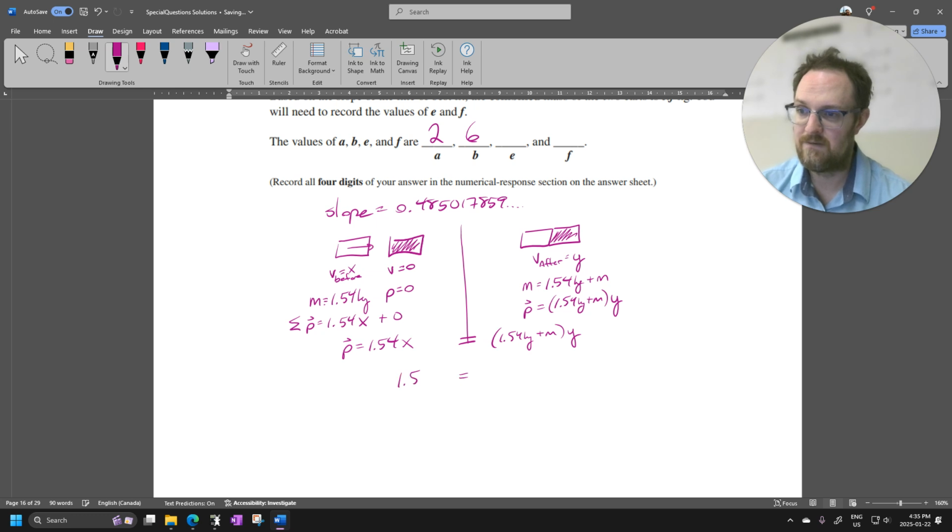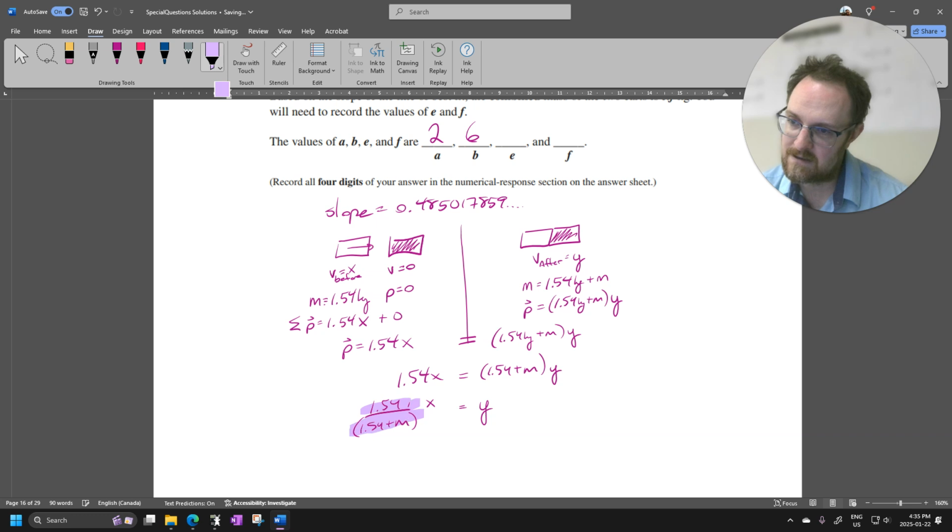1.54x is equal to, and if you want to rearrange it, you don't have to necessarily do that, we could just go 1.54 plus m times y. And if I rearrange this for y, this is my y variable, I get 1.54x divided by 1.54 plus m. So anything that's in front of my x must be my slope.